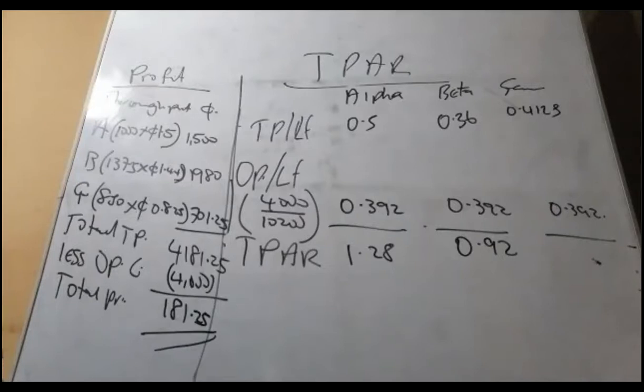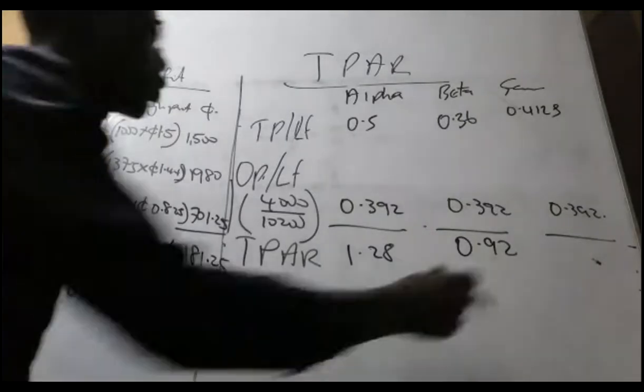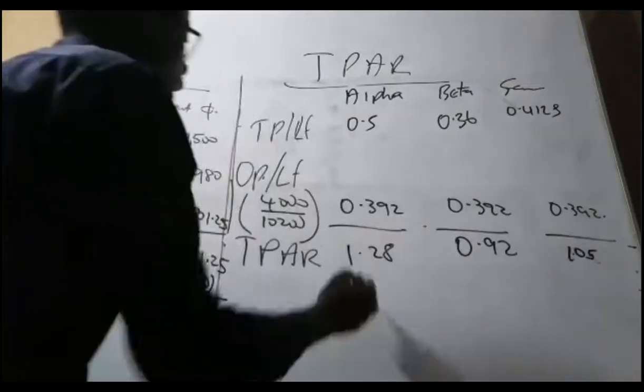Then finally 0.4125 divided by 0.392, and that's 1.05. I'm done.